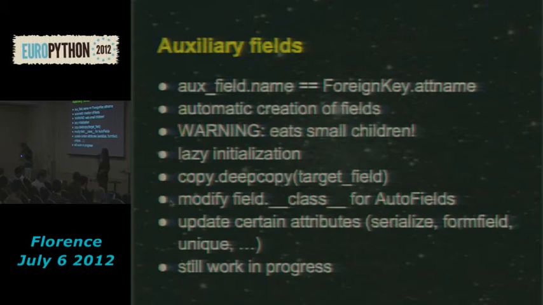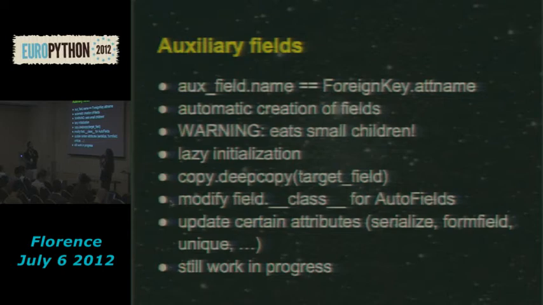So they occupy two attributes in each model. The attname is basically name with underscore ID appended. So the way this works is that foreign key creates another helper field with the name equal to the foreign key's attname.